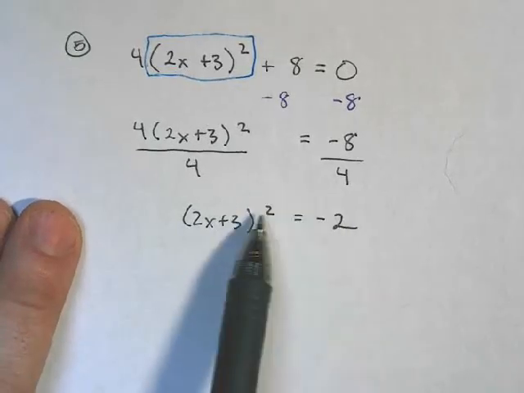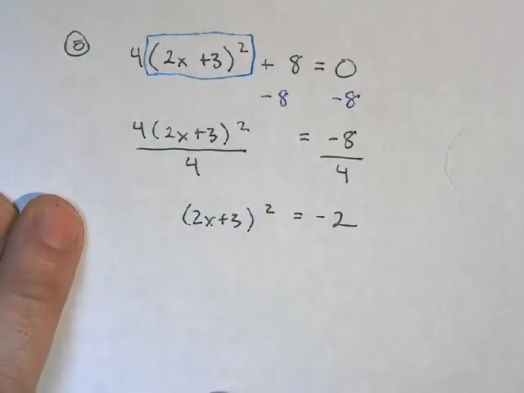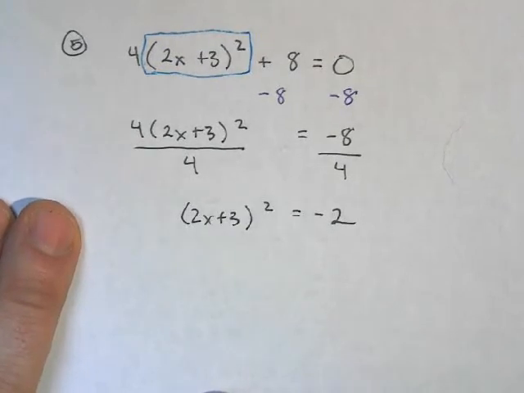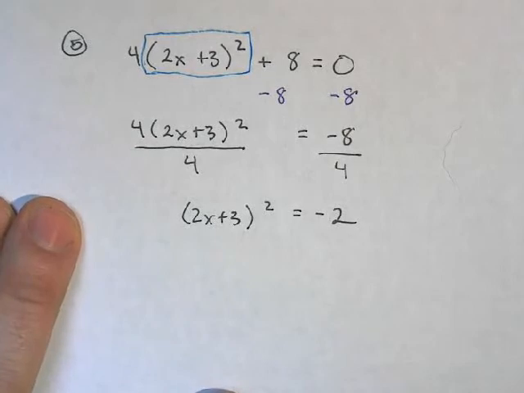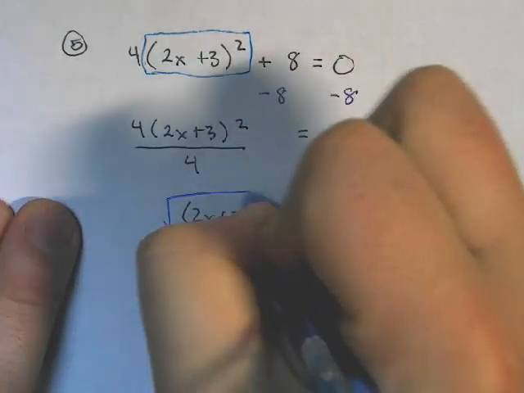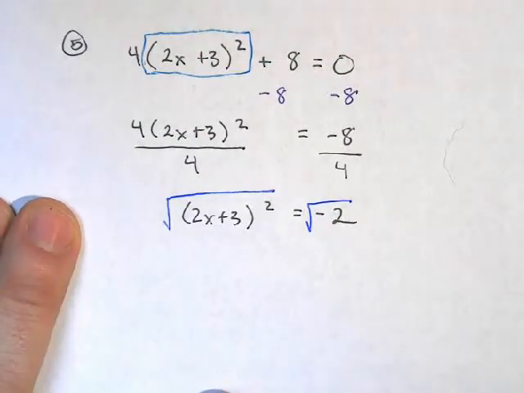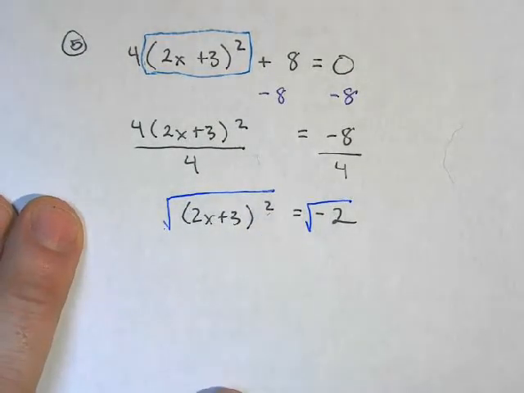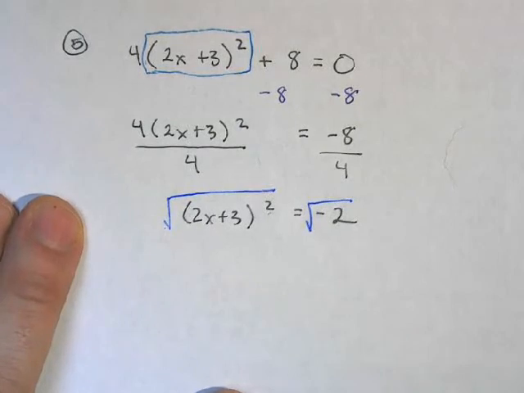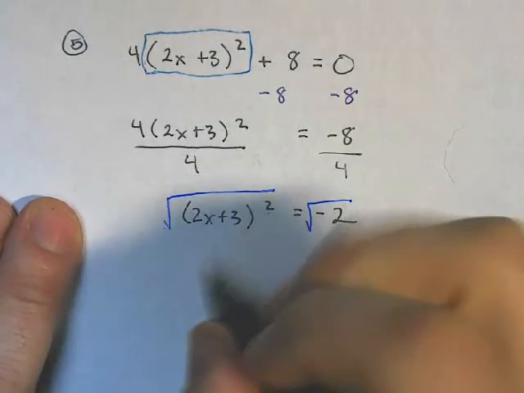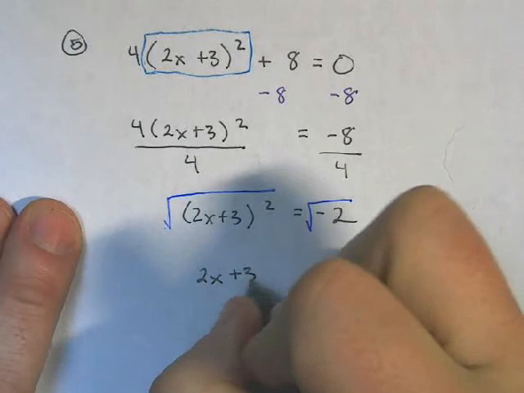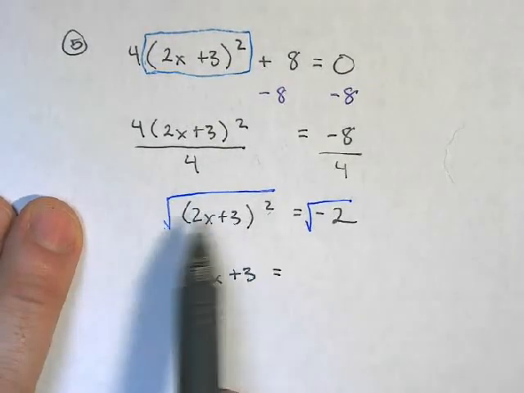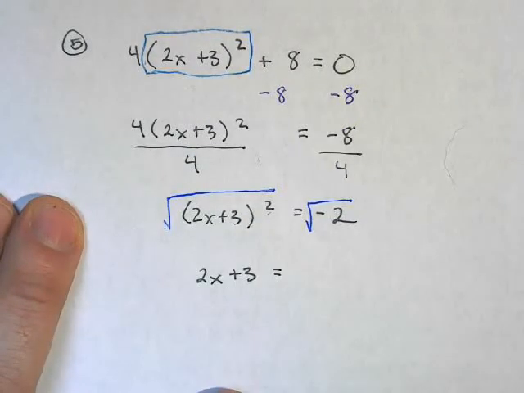Okay, so we've isolated the square. This is where we take the square root of both sides. So the square root gets rid of the square. So I'll have 2x plus 3 equals, and now that I took the square root of both sides, that's where my plus or minus symbol pops up.